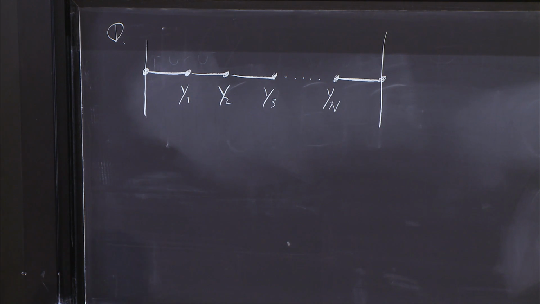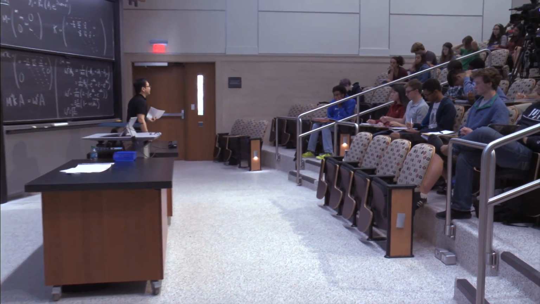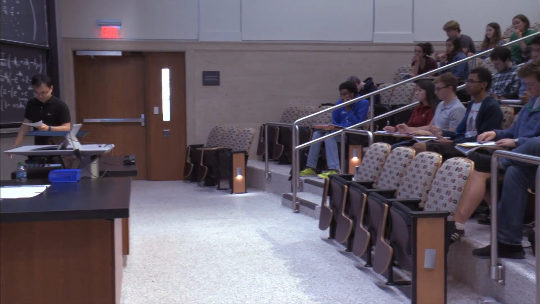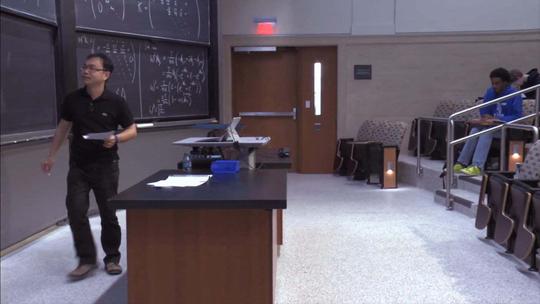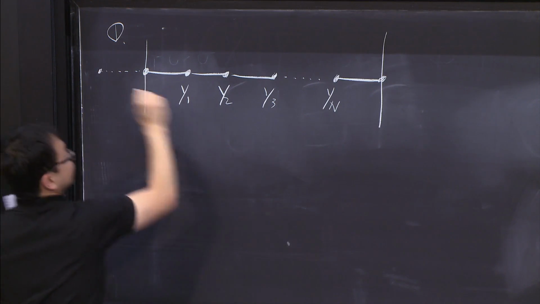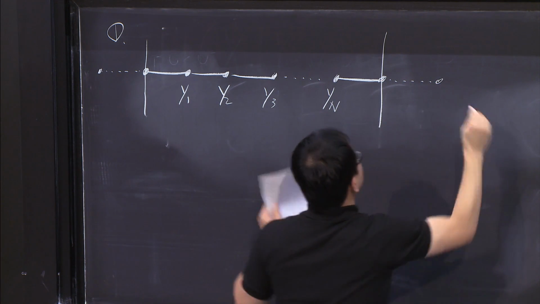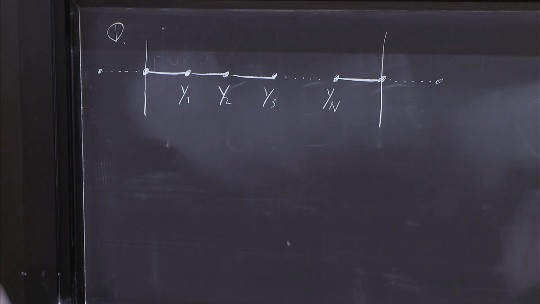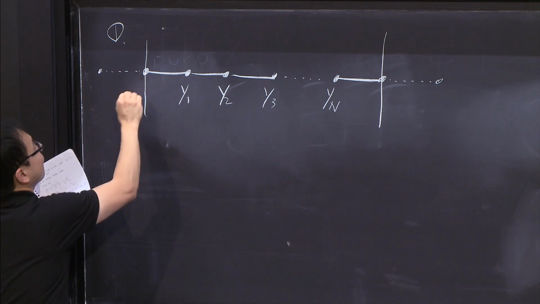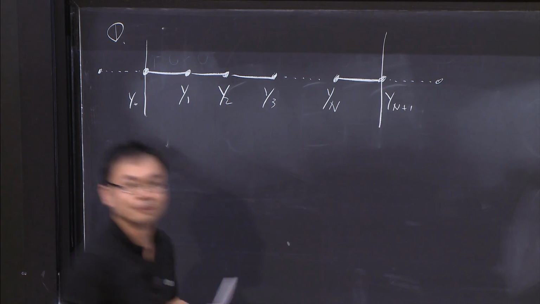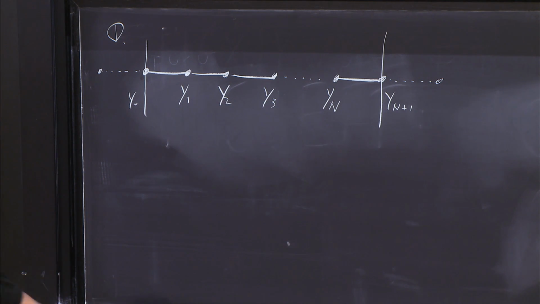So I can argue that the infinitely long system can help us with the understanding of this finite system. Why is that? That is because I can assume that this is just part of an infinitely long system, right? So I construct my infinitely long system, and now I nail the y0 mass and the yn plus 1 mass, and I fix them so that they cannot move.